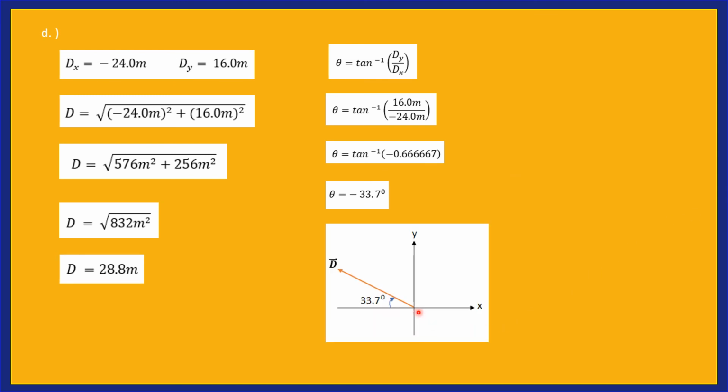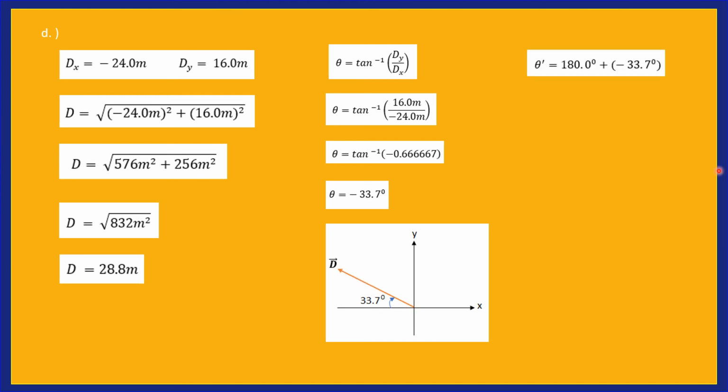So we have quadrant number 2, there's vector D with an x component that is negative, and an upward y component, meaning it's positive. If we extend this line here based on our result, the value of theta is negative 33.7. If this angle is 33.7, then here is 33.7 degrees. So the right location of vector D is in quadrant number 2.